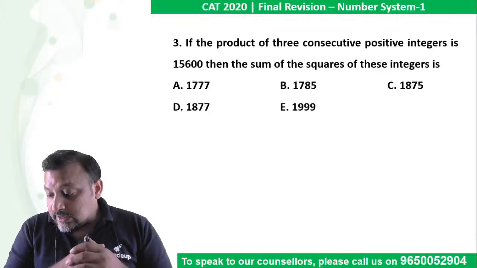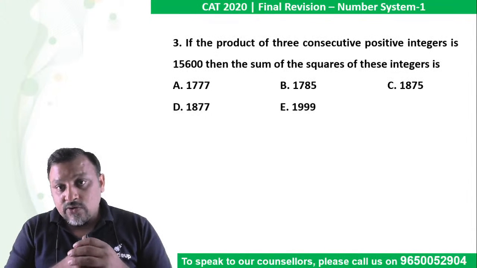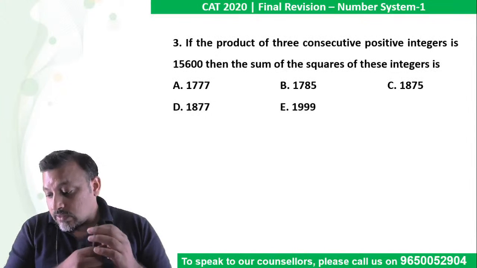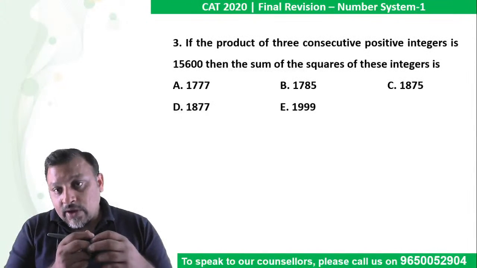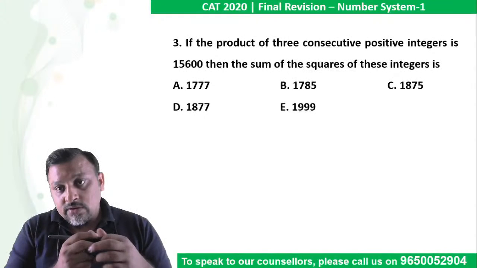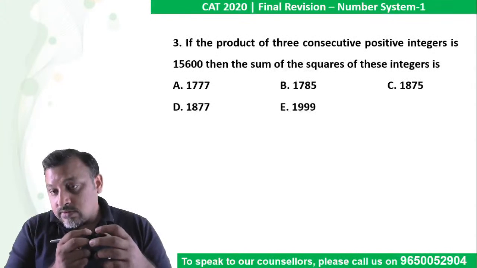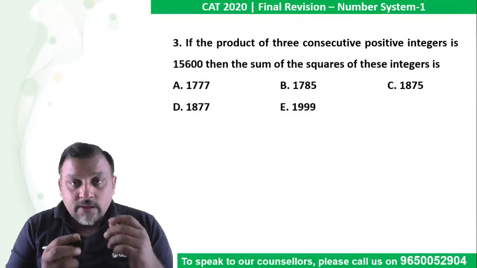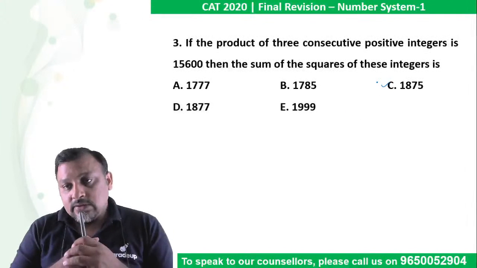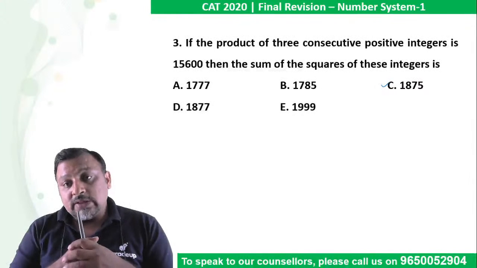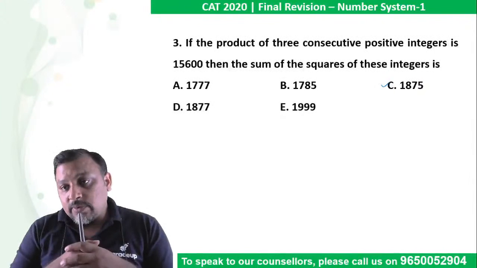Okay, Priya is saying D, Nikita is saying C. Vijay is saying it is 1875. See, guys, if you are marking C, I think you are guessing. You are just assuming that one of the numbers must be a multiple of 5.